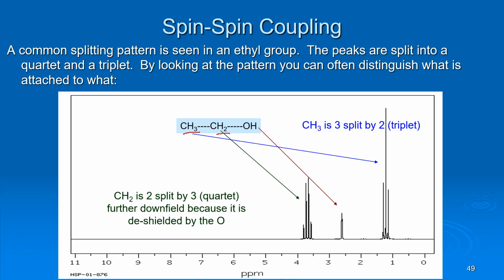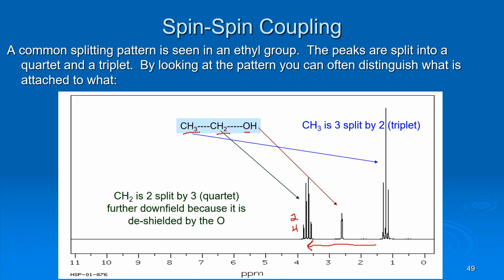The peak that is due to these 2 hydrogens should be further deshielded because of the O. And so this peak is the quartet because it has an integration of 2, since there's 2 hydrogens, but it's split into a quartet. And because it's closer to the O, it's further to the left, further downfield, because it's deshielded. And then this one should be further to the right.